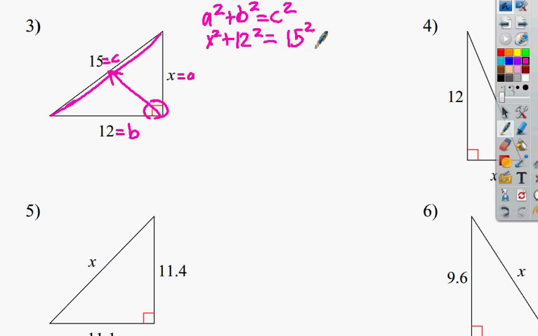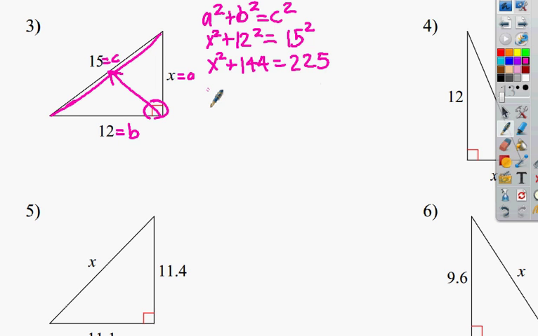And once again, I'm going to do all of the math that I know. 12 times 12 is 144. 15 times 15 is 225. Once again, that's what the 2 means, the squared. If I have a 2 up above it, that means multiply 2 of those together. Multiply 2 12s together to get 144. Multiply 2 15s together to get 225.